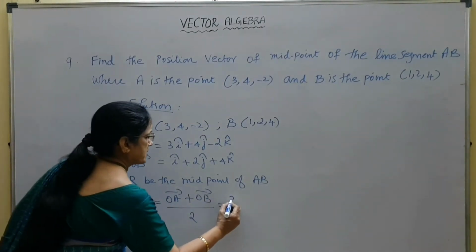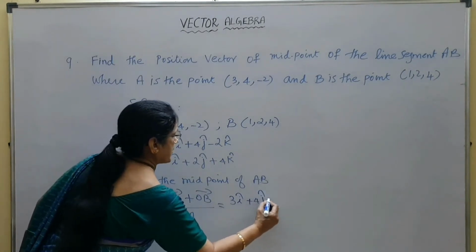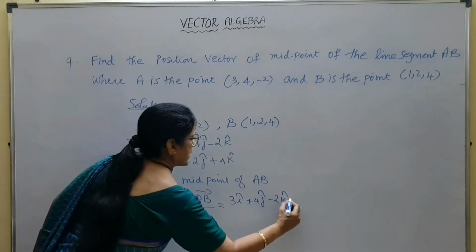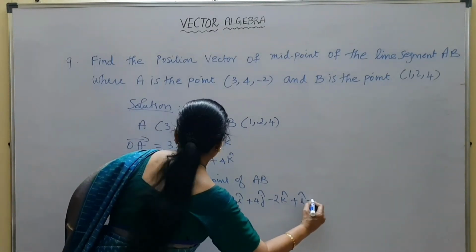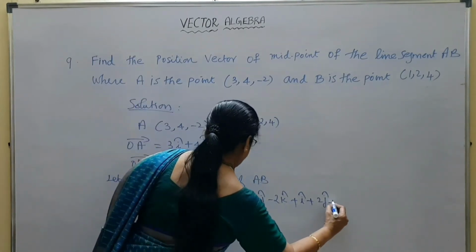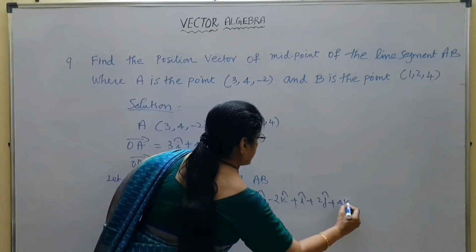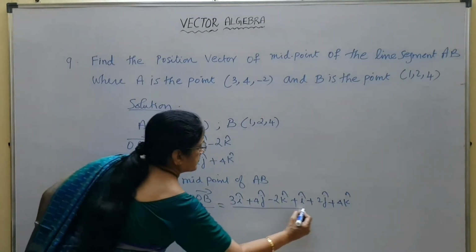I will be getting 3i cap plus 4j cap minus 2k cap plus i cap plus 2j cap plus 4k cap, now by 2.